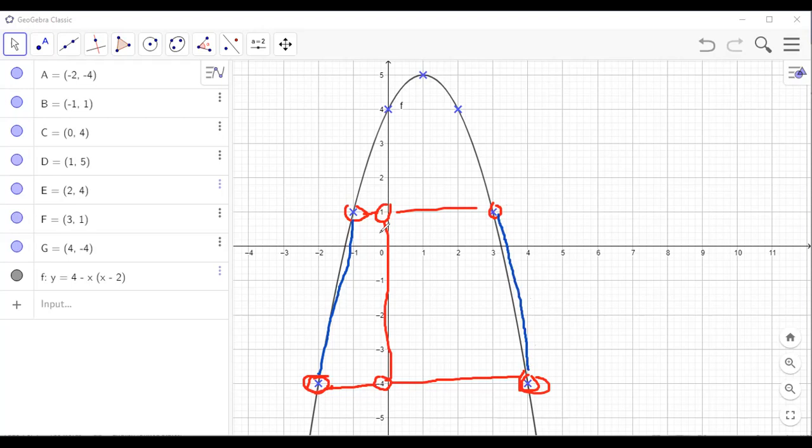Now we have to select the decreasing part, because the question says y is decreasing and within this range, -4 to 1. So y is between -4 and 1. The graph is this part and also this part.